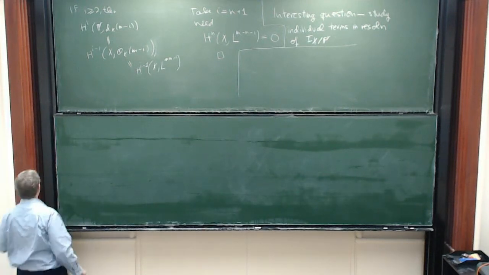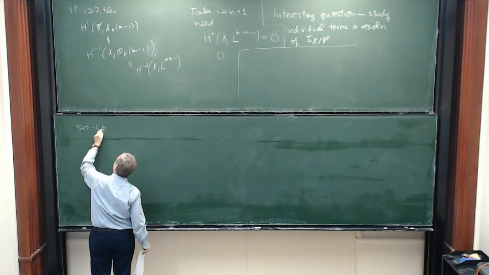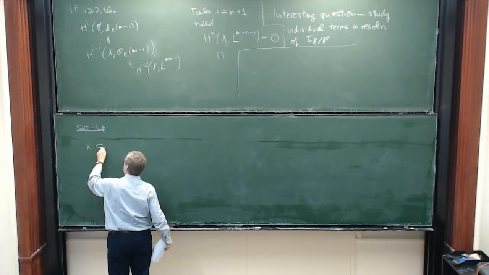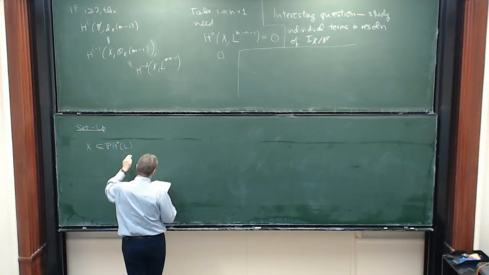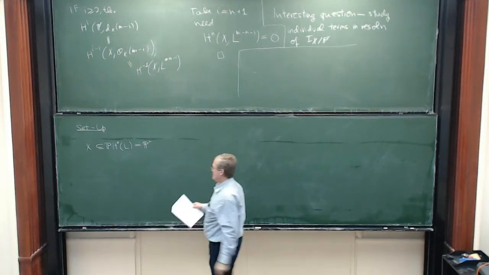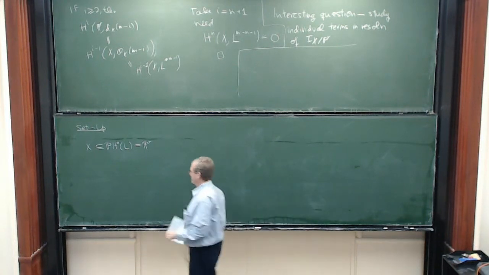Let's introduce some notation. So here's the setup. We have X, some variety embedded in projective space of sections of L. And again, we can think of this as P^r. So r is the projective dimension of L. And again, we're always looking at complete linear series.